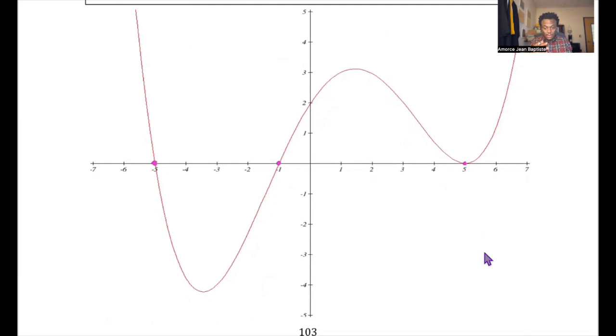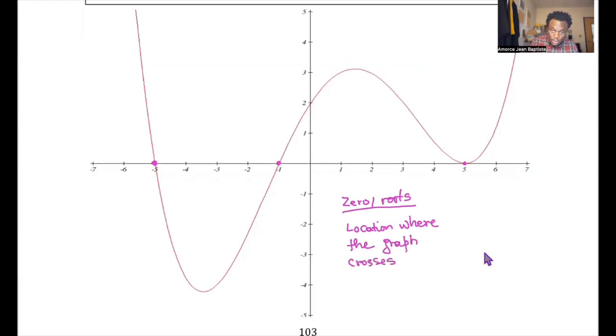So when the conversation is about zeros, if you are looking for zeros or roots, you're looking for the location where the graph crosses the x-axis. So that is when you're looking for zeros.